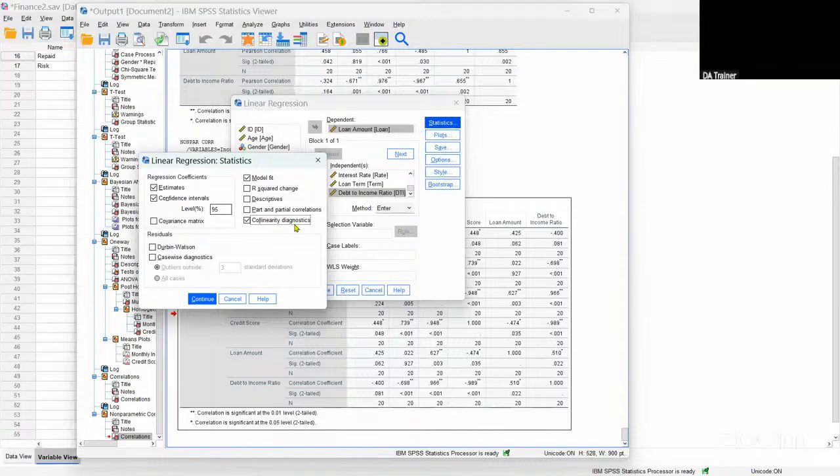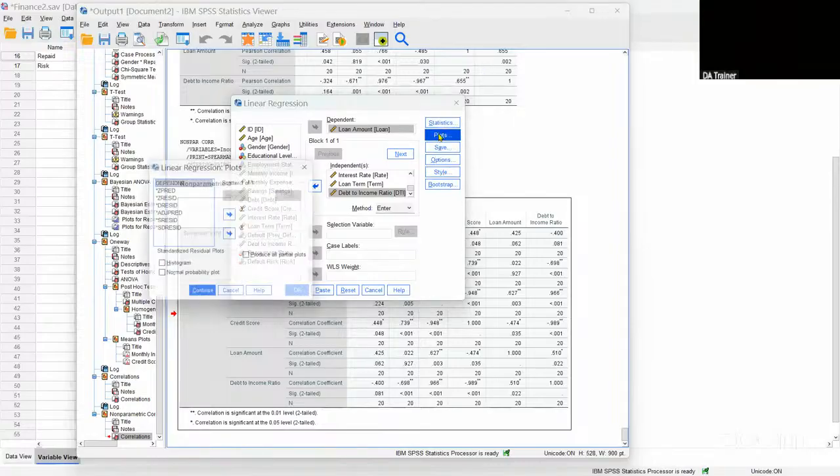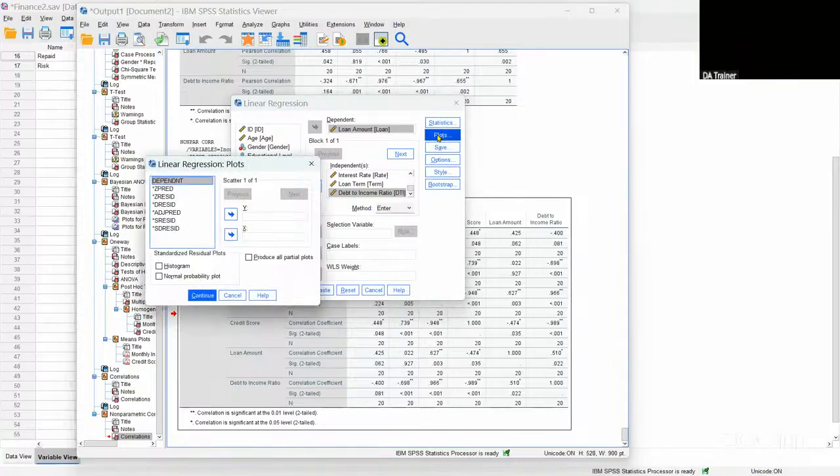And then come to Plots. After this, just click on OK, click on Continue, then come to Plots. Now there is residual. Residuals are errors.